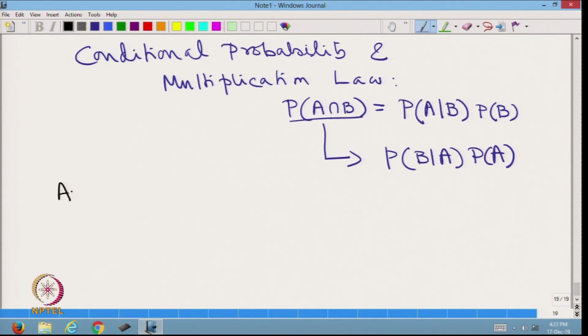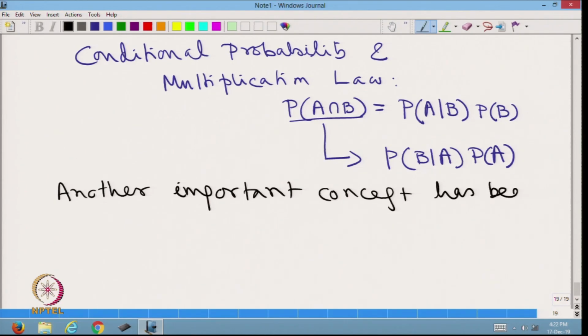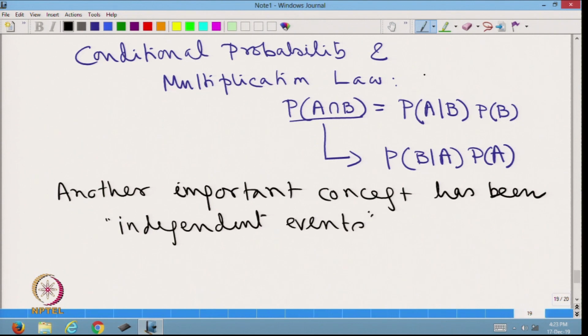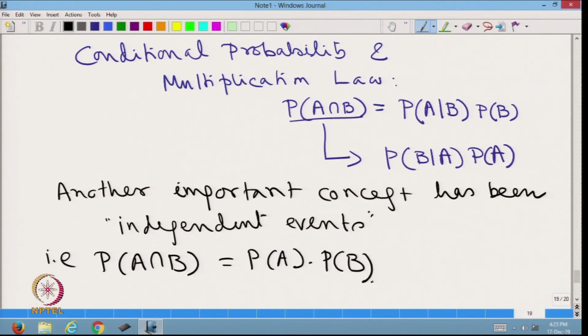Another thing we have seen is independent events, that is, probability of A intersection B is equal to probability of A into probability of B when A and B are independent.